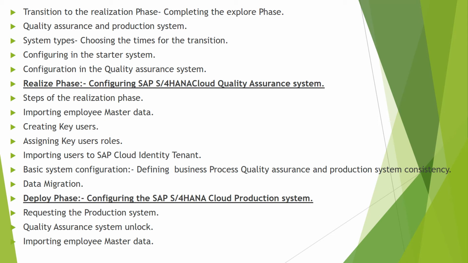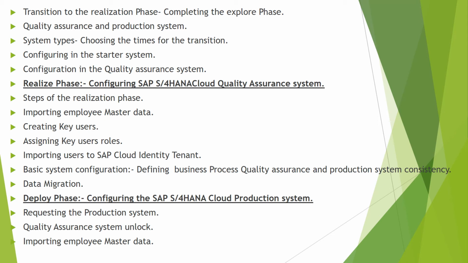So then actually we are going to choose the system types, choosing the time for transitions. Okay. After SAP has created the quality assurance system, you will receive an email with access data for the system. Before the production system is activated, you will be asked to check the correct configuration of the quality assurance system. Only when you confirm the configuration will the productive system be activated in your landscape.